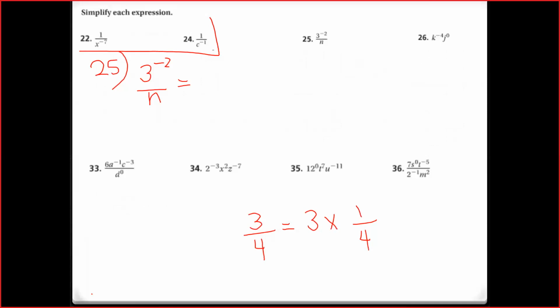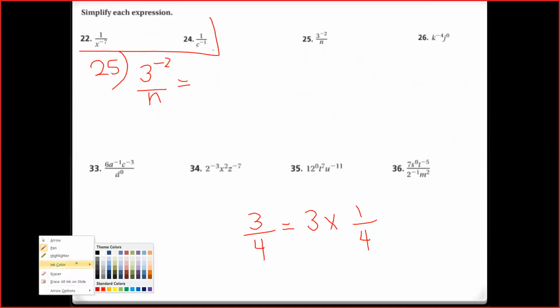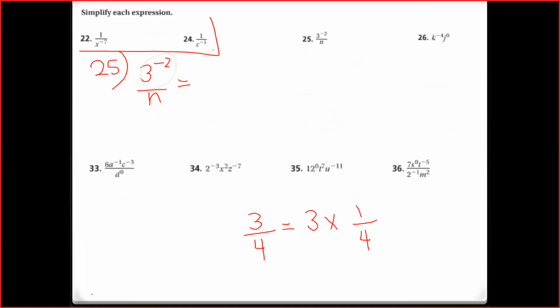This 3 to the power negative 2, I will write it here. And n, I will write it as 1 over n, because it is in the denominator. Like here, 3 is up, and since 4 is in the denominator, I will write it as 1 over 4. Is it right?